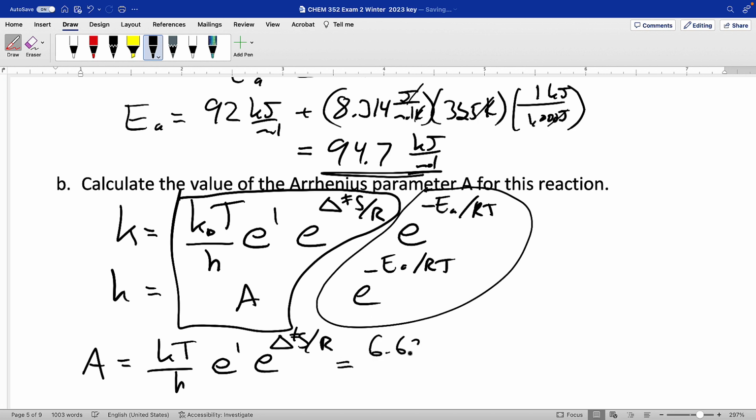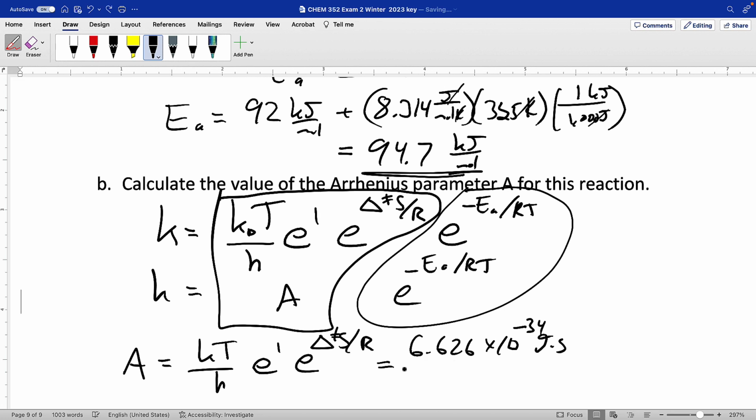So 6.626 times 10 to the negative 34 joule seconds. On the bottom we have, oh, I've got it backwards, don't I? Okay, let's try that again.